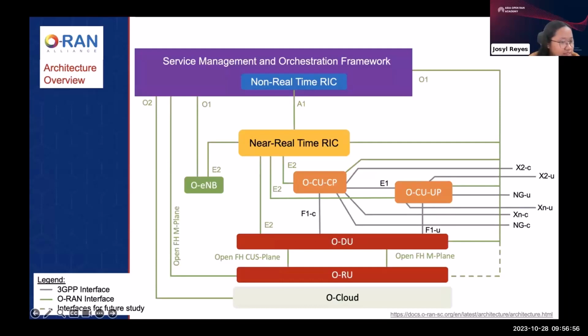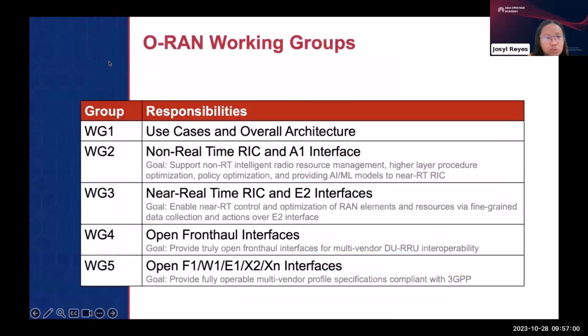And then, let me discuss some of the working groups. The ORAN Alliance includes some working groups. They are in charge of studying the different parts of the ORAN architecture. Working group 1 covers use cases and overall architecture. Working group 2 focuses only on the non-real-time RIC and the A1 interface.